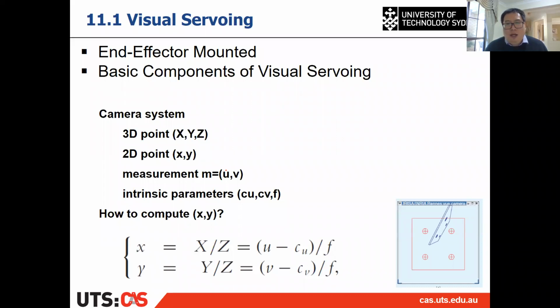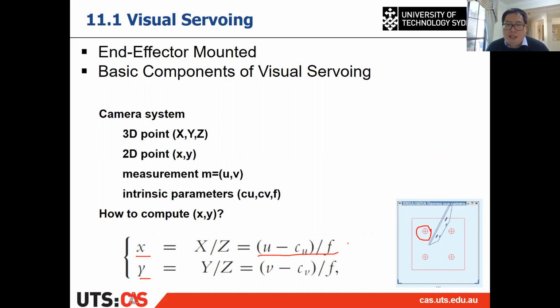As we know, if we have an example with 4 points, we're considering 1 point now. If we want to calculate the 2D point x and y, x can be calculated from u minus the principal point on the u direction, c_u, divided by f.